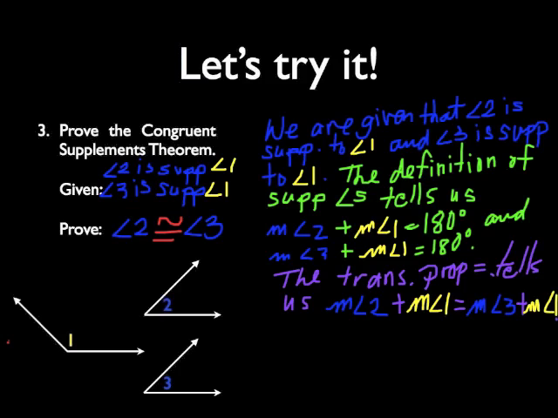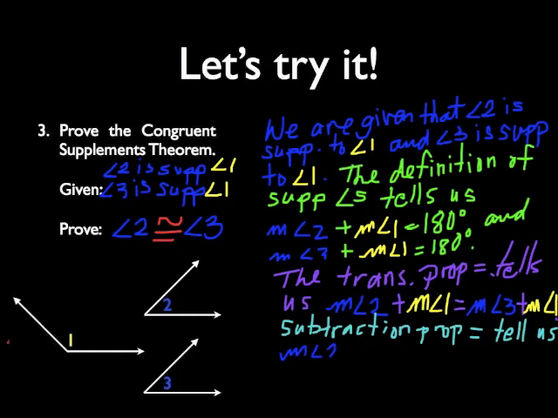I'm noticing that we're actually almost done here. Because if we take this equation that we just created and we subtract the measure of angle 1 from both sides of that equation, then we'll be pretty much done. So the subtraction property of equality tells us that the measure of angle 2 has to equal the measure of angle 3.